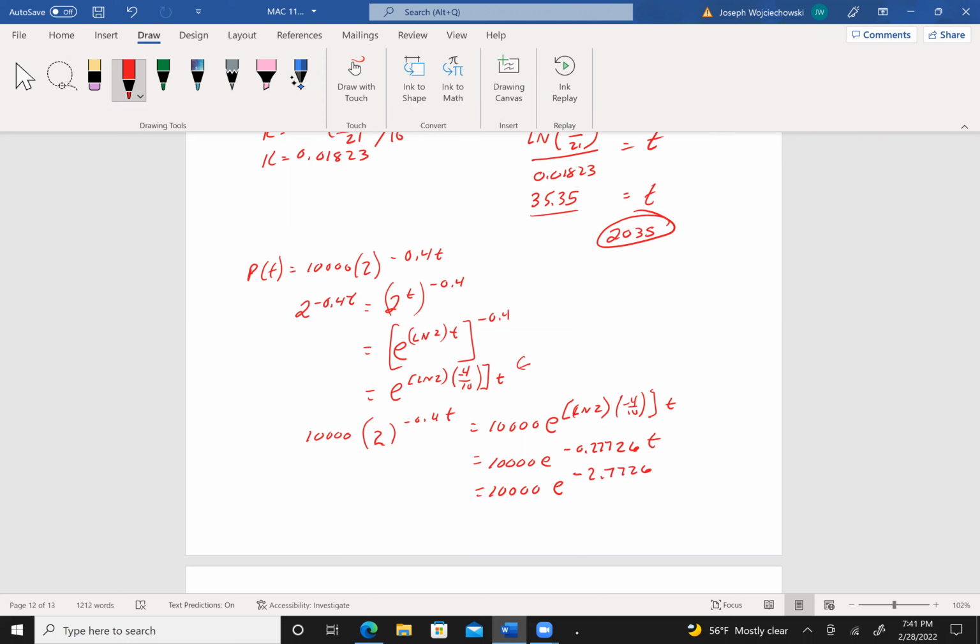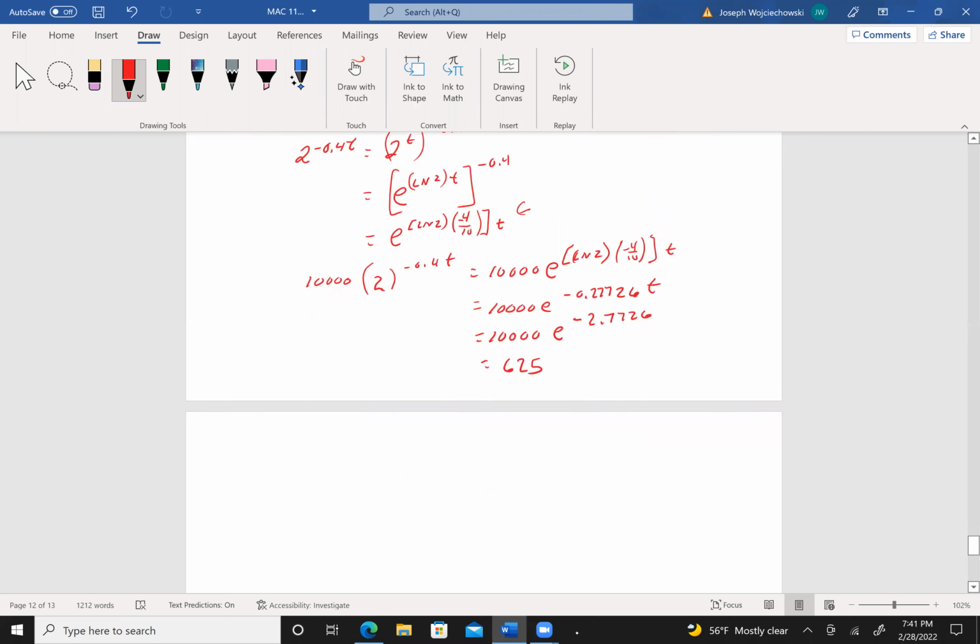So I have E to the negative 2.7726 times 10,000, and I get 625. I don't think there's anything that complex.